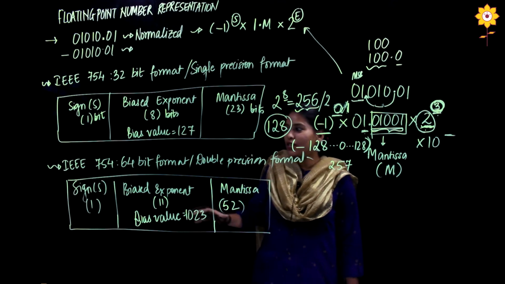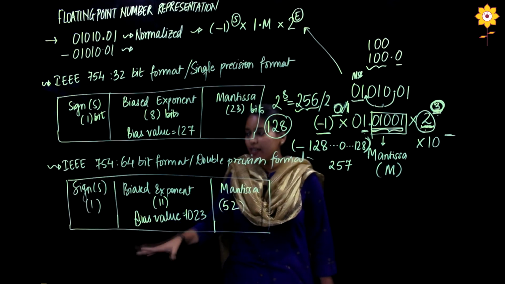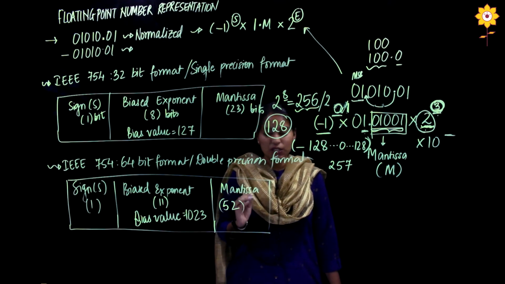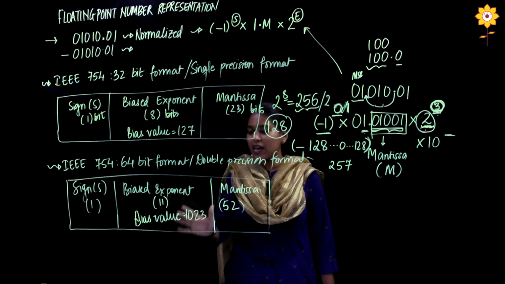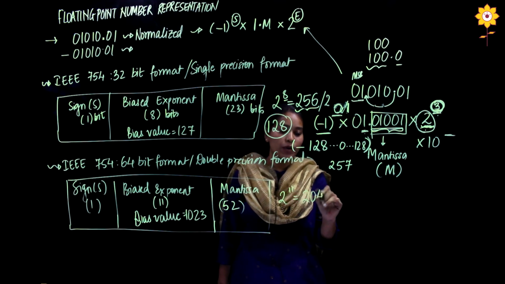So now let's see the 64-bit format. Again, for the sign bit, we only have one single bit. Then for the bias exponent, 11 bits. And the mantissa is of 52 bits. Now, since we have 11 bits, 2 raised to 11 is 2048.